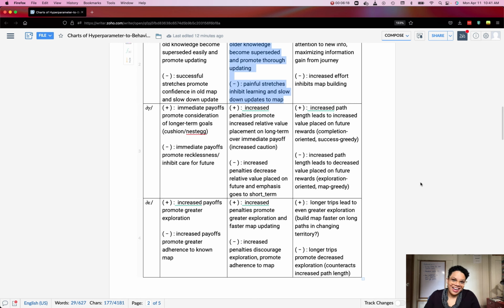That's one possible attributional model. Conversely, if exploration rate goes down as trips increase in length, it simply means that longer trips promote decreased exploration, which could be an attempt strategically to directly counteract the increased path length.